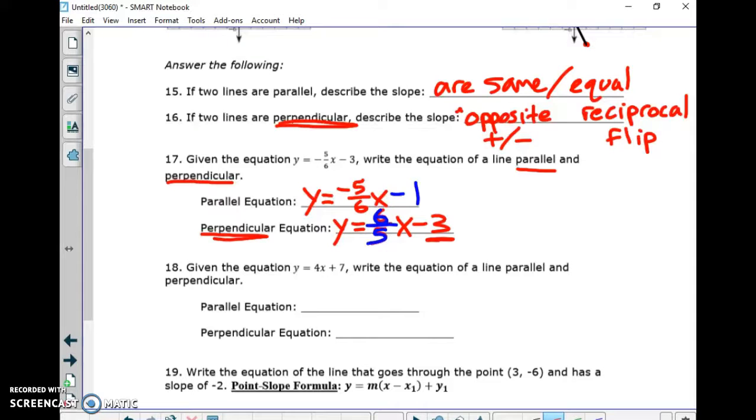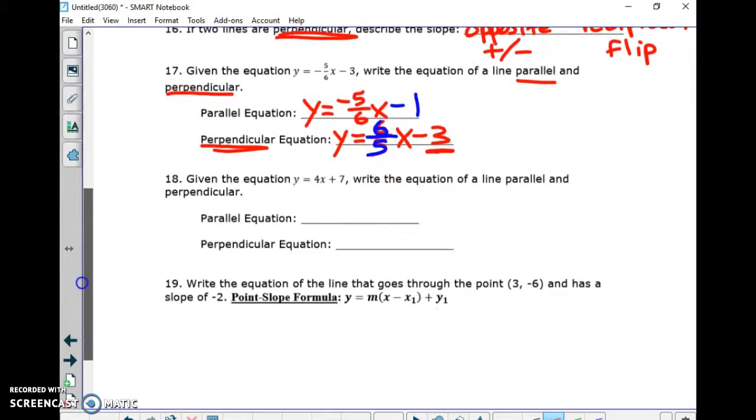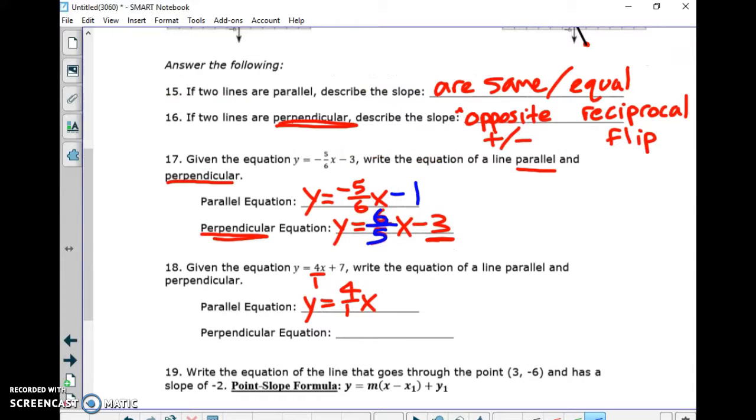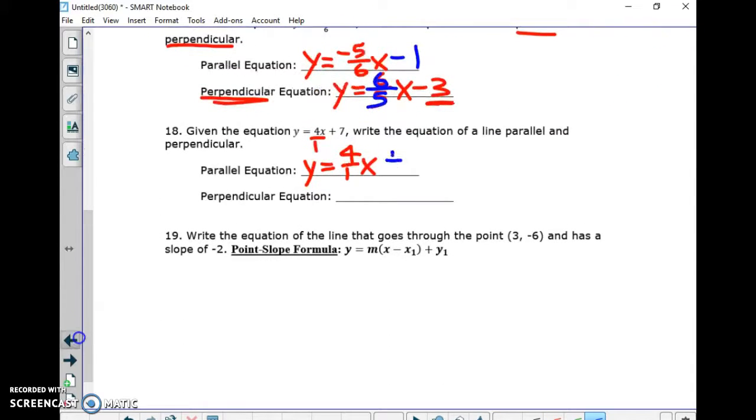Alright, continuing on number 18. Given the equation y equals 4x plus 7, write the equation of a line parallel and perpendicular, just like 17. So, remember, 4 means 4 over 1. A parallel equation will have the same 4 over 1 x. Change that y-intercept to something else, plus 8.